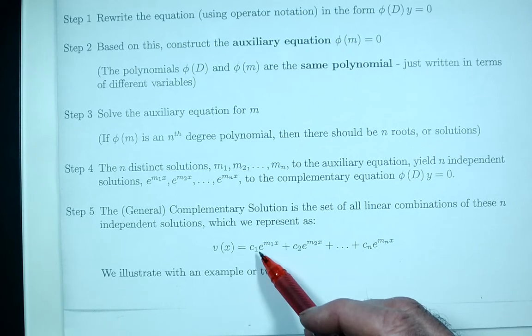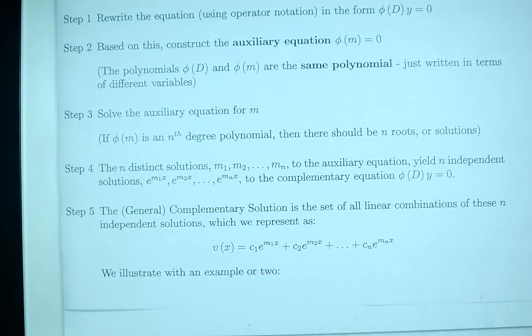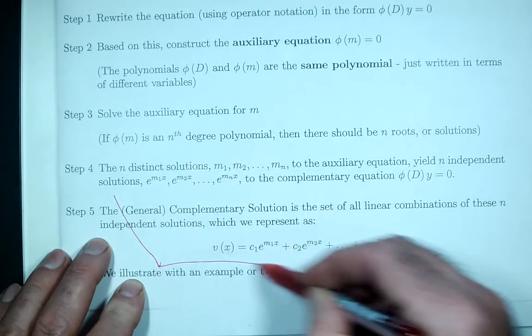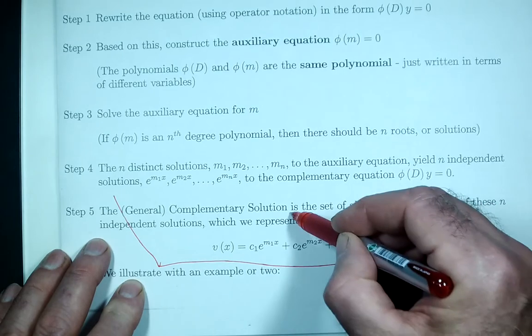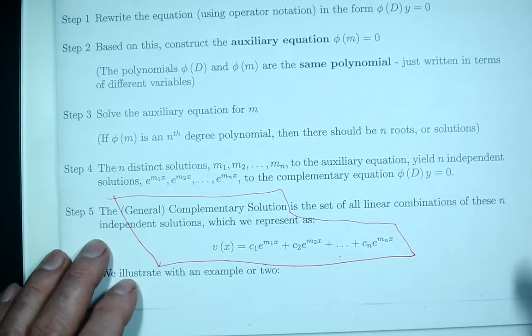So the sum of these things with arbitrary constants is the linear combination of all of these independent solutions, and this is our general complementary solution. There it is right there.